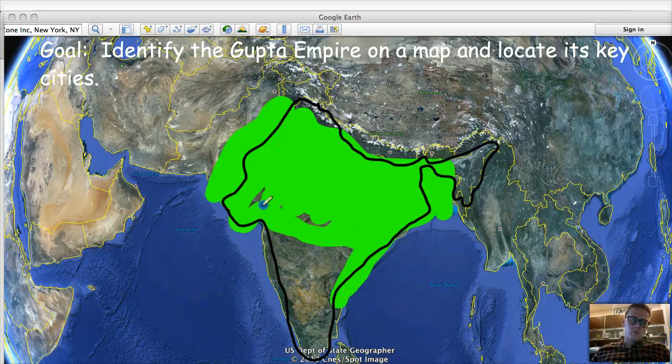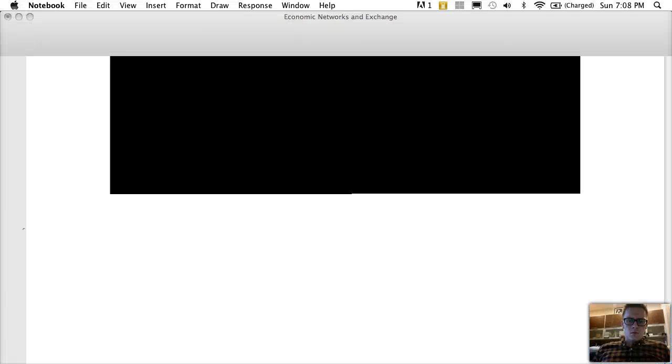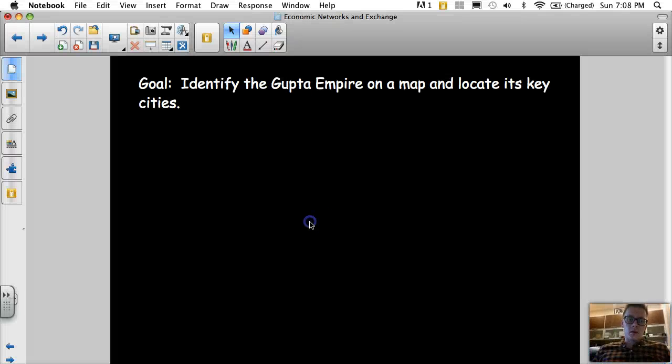In some ways they were not. But by any means, this was a very large empire in what is today India. Alright, so that is the Gupta Empire on a map.